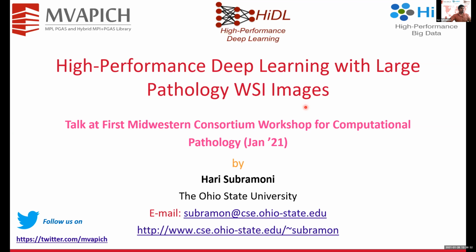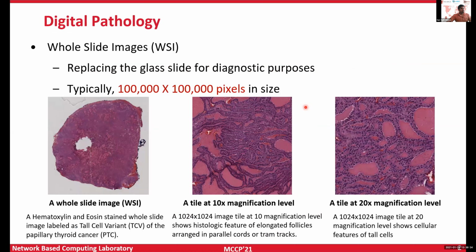So let me start by doing the obvious folly of preaching to the choir. Here, let me give an overview of what we understand as digital pathology. The process typically begins with the pathologist identifying histologic structures.